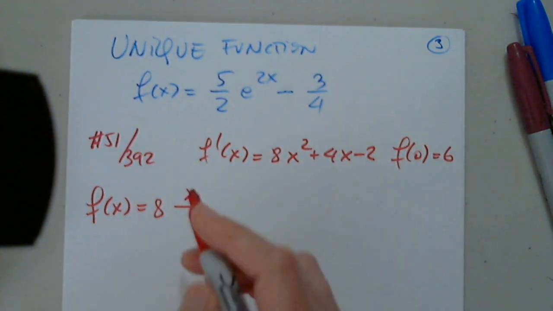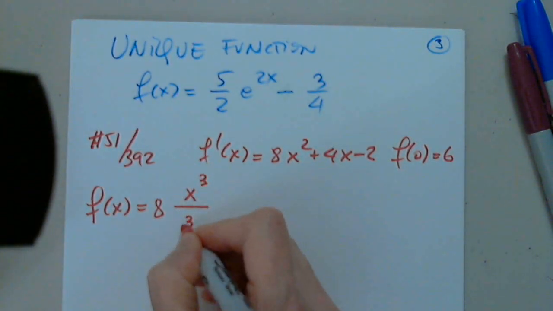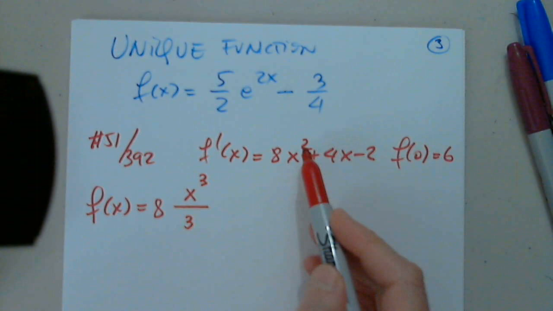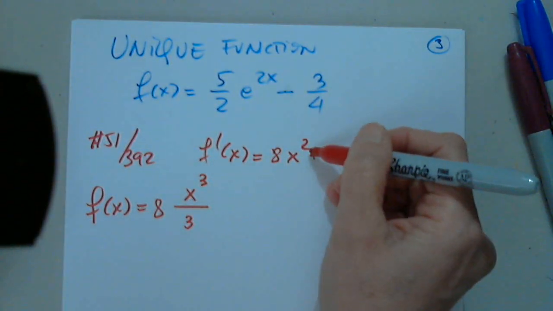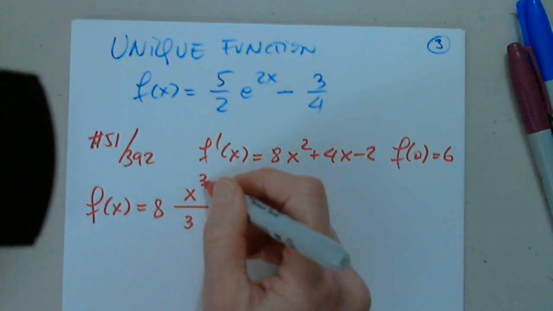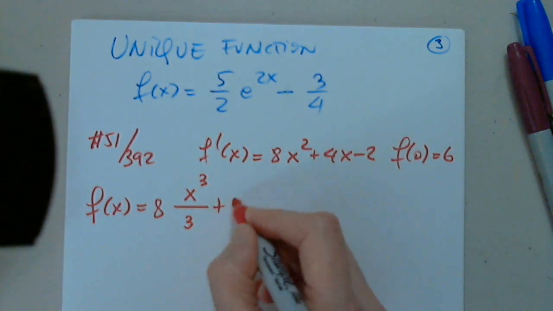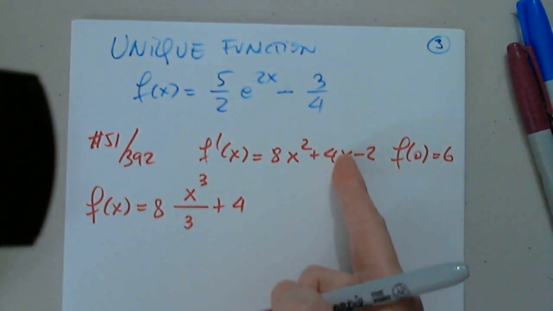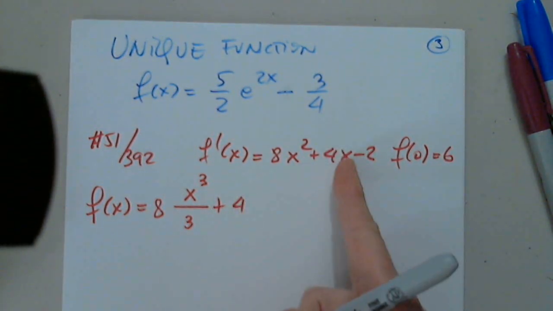It would be x to the third over 3, right? And we have to increase by 1 and divide by the resulting number. Perfect, plus 4.